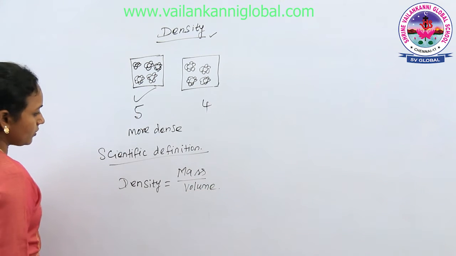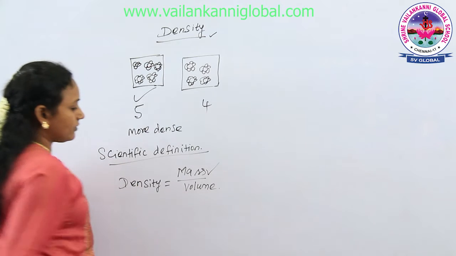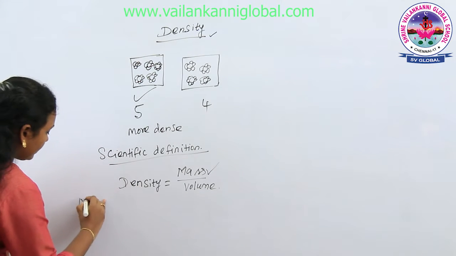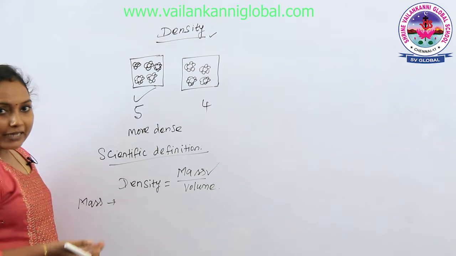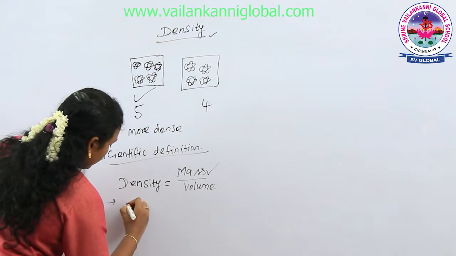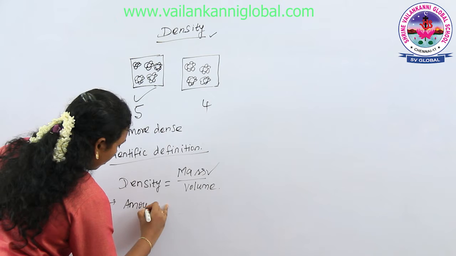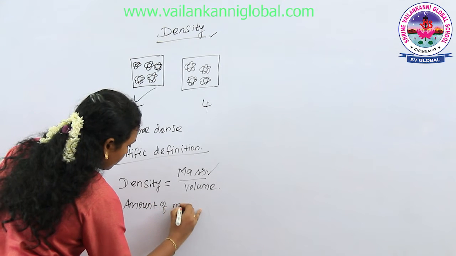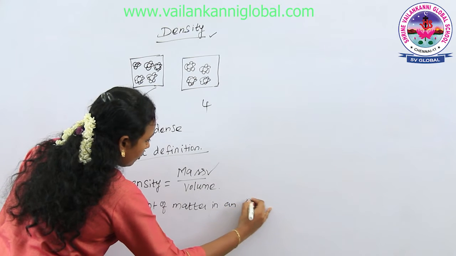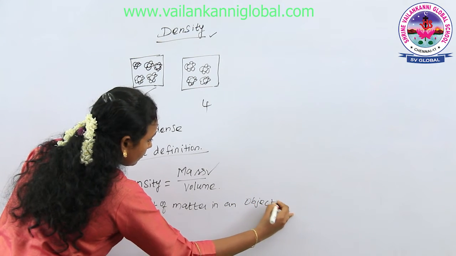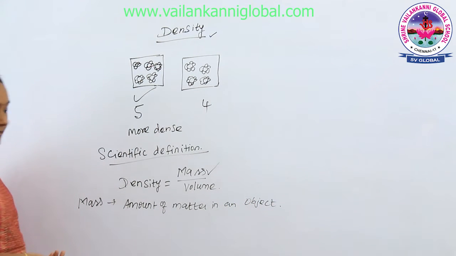Here, what is mass? Mass is nothing but the amount of matter in an object. But what is the unit of mass?